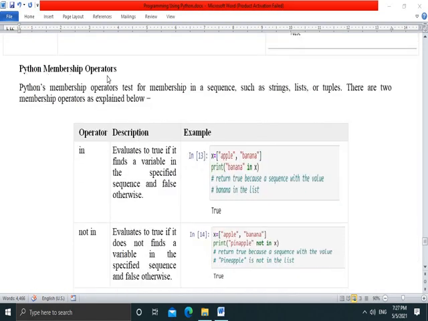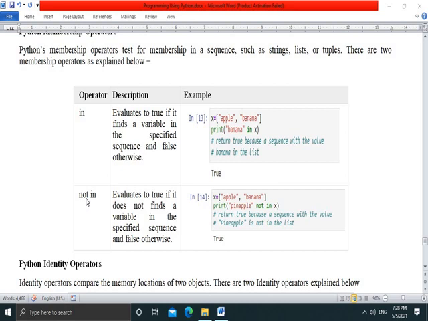Next is Python membership operator. Python membership operator tests for membership in a sequence such as string, list or tuple. There are two membership operators explained below, in and not in. In evaluates to true if it finds a variable in the specified sequence and false otherwise. For example, we have taken the list apple, banana and you print banana in x, it returns true because banana is in the list.